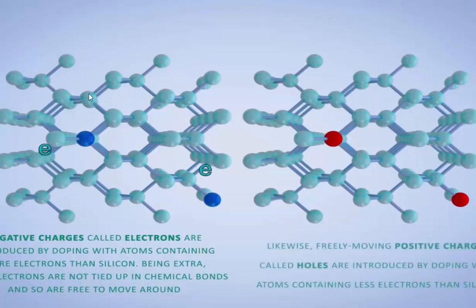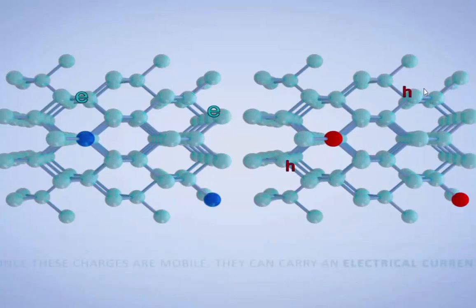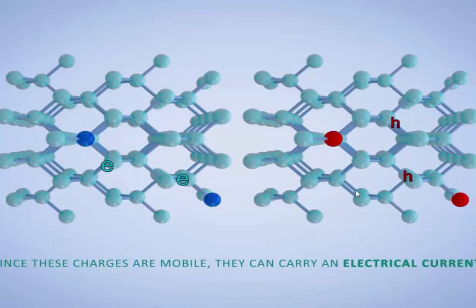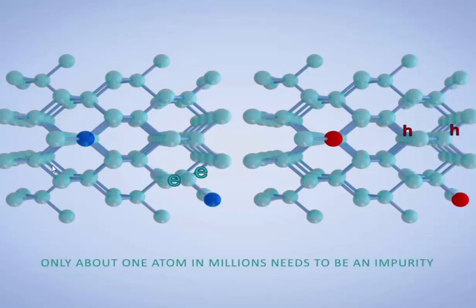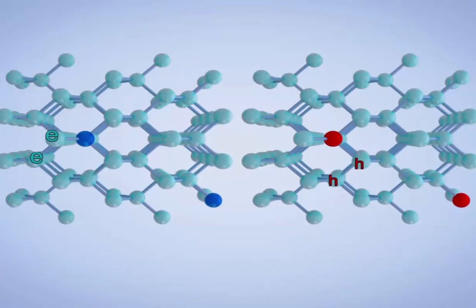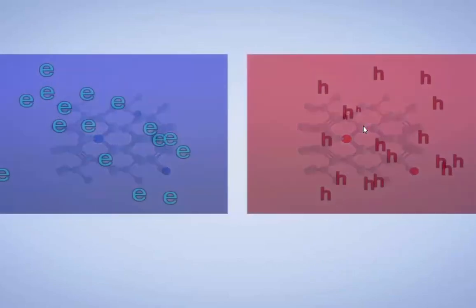By incident light, electrons start moving. Similarly, holes also start moving in the p-type material. Positively charged holes move here, and negatively charged electrons move there. You can see in this video how they move in some direction.